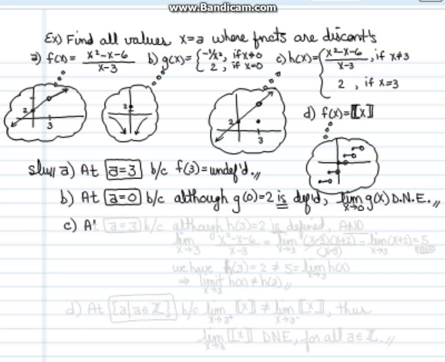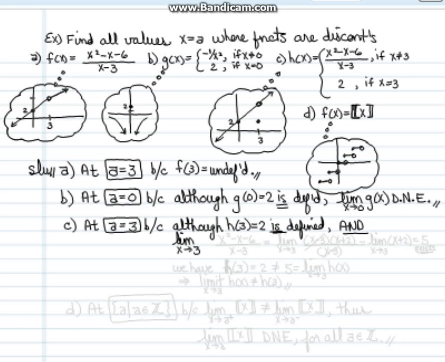Now for part C, don't look at the graph, look at h of x. h of x has a discontinuity at a equals 3. Although h evaluated at 3 is equal to 2, so it does have a y partner, the problem is that the limit as x approaches 3 is found by simplifying the rational function.